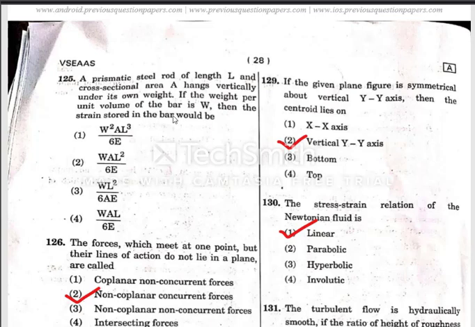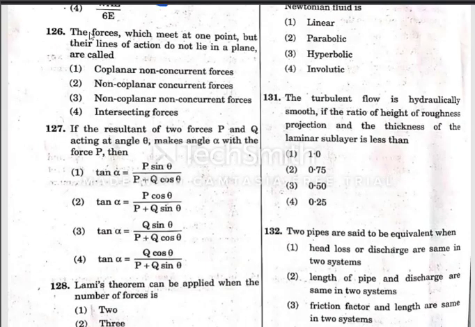Actually, the correct answer is W square L by 6AE, but among these four options there is no correct answer. So this is a particular question where they gave a grace mark for us. The correct answer is W square L by 6AE.